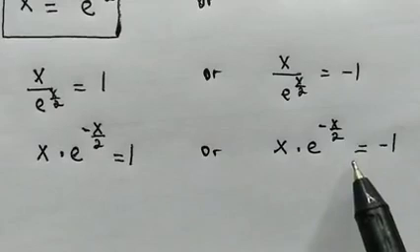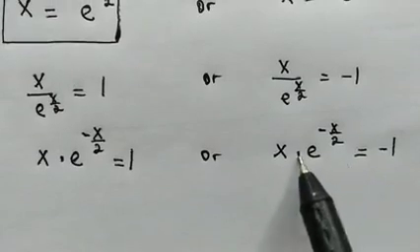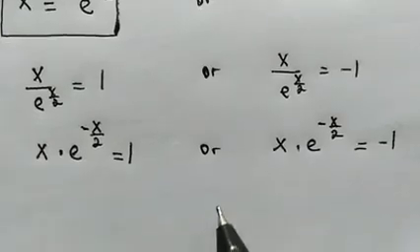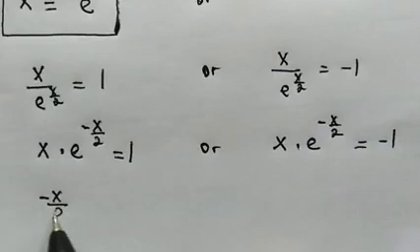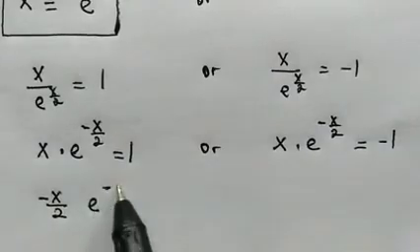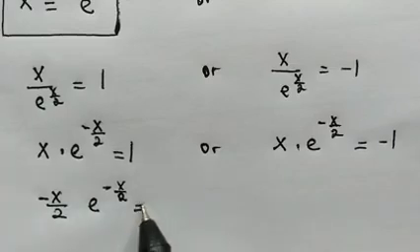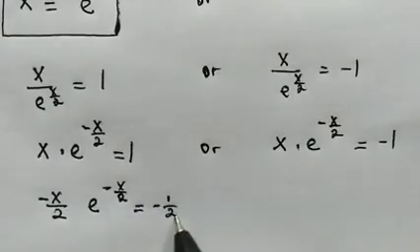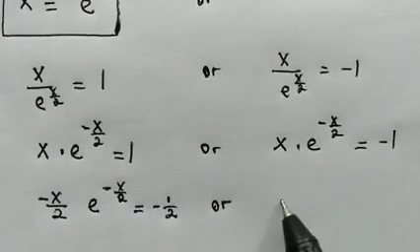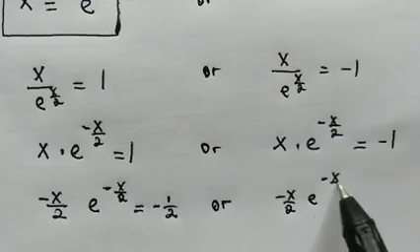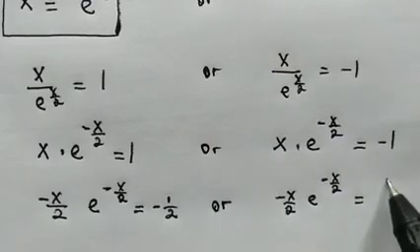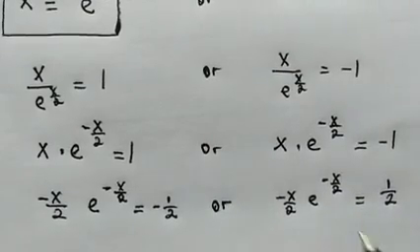So x times negative 1 over 2 will give us negative x divided by 2 times e to the power of negative x divided by 2. This will be equal to negative 1 over 2. And for this part here, negative x over 2 times e to the power of negative x over 2 will be equal to 1 over 2.